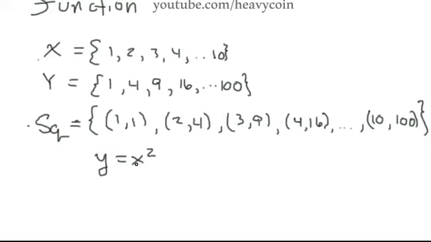Take 2, plug 2 in, 2 squared is 4, right? We get 4 out. Take 3, 3 squared is 9. Plug 4 in, 4 squared is 16. And the last one, of course, we got all the ones in between here, but we're not writing them, like 7, 8, 9. 10, plug 10 squared in, you get 100. So 2 is related to 4, and we've defined our relation by this equation right here.